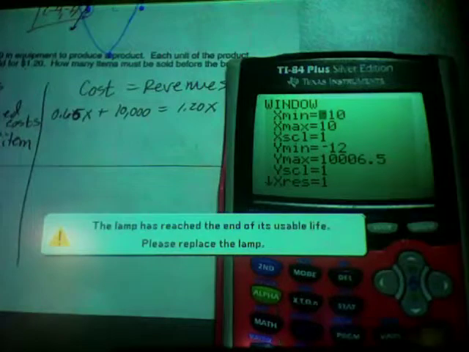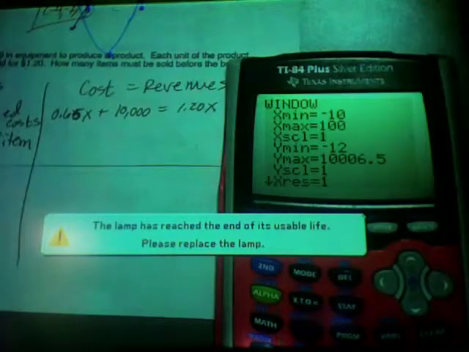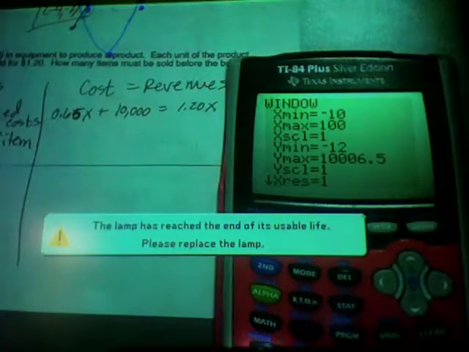All right. We're going to take our X. So are we going to sell negative items? No. So I'll leave it at -10, but that's why they did that, just so you could see the y-axis. Max, I don't know. Let's go out to 100, because perhaps it's 100 items that we need. Our X scale, we'll see what that does.